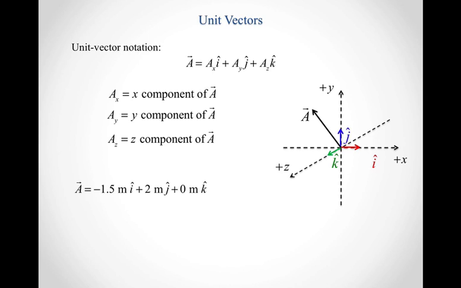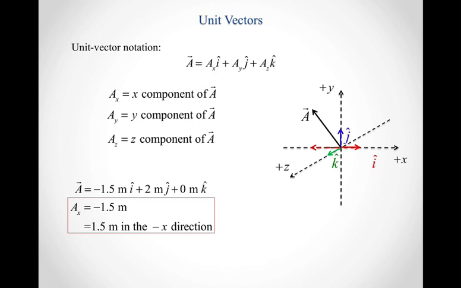So here I'm reporting vector A, and again what this is telling me is since the x component of vector A is negative 1.5 meters, I can now interpret that when I pair that with the i hat, what that's saying is vector A points 1.5 meters in the negative x direction.